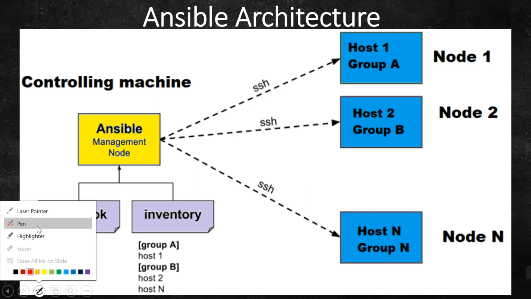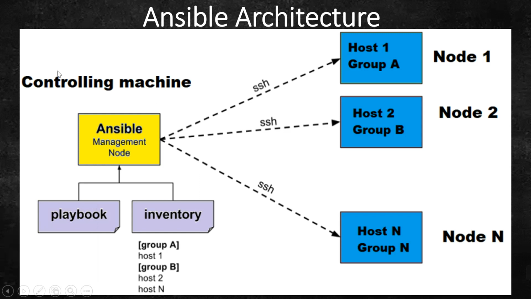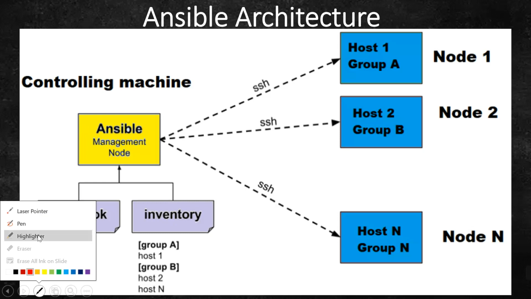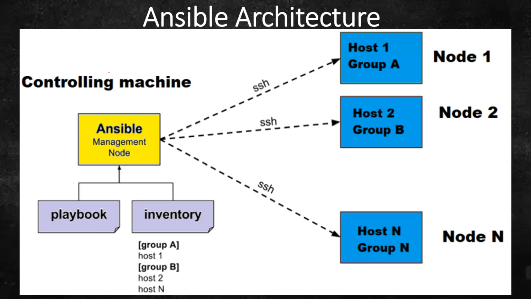So you can see this is the Ansible managed node. This is the master node, and these are our worker nodes, or we can say our nodes.